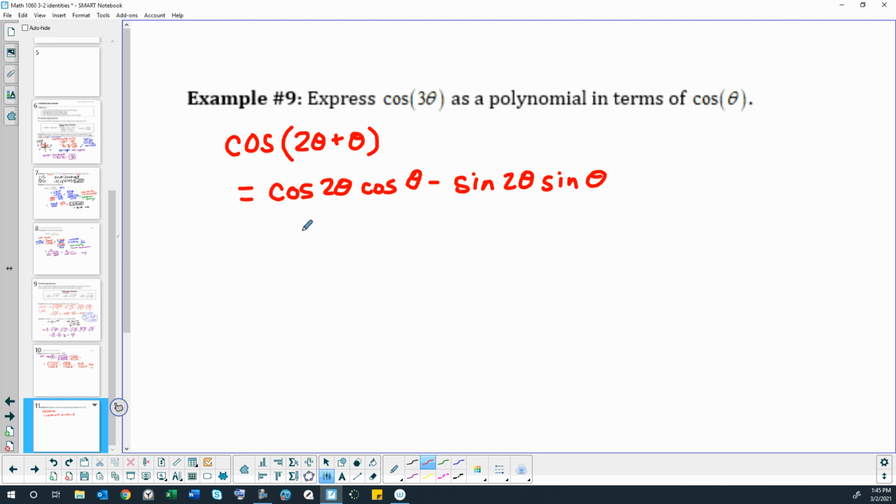Now let's replace our 2 thetas with formulas that we learned today. Now if we want everything in terms of cosine, then the formula we want to use for cosine 2 theta is the one that just has cosine in it. So we're going to replace that with 2 cosine squared theta minus 1, which is one of our 3 double angle identities for cosine.